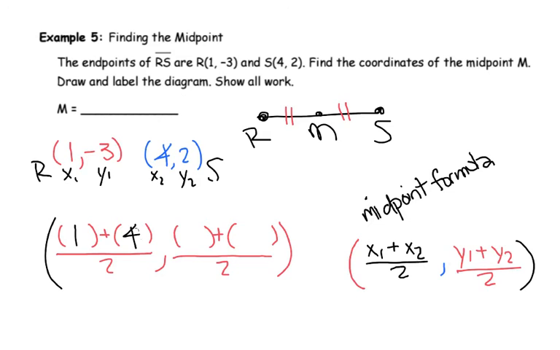My bad. Now y1, negative 3, and y2, 2. So now let us break this down and simplify. 1 plus 4 is 5 over 2, comma. Negative 3 plus 2 is going to be negative 1 over 2, a half.